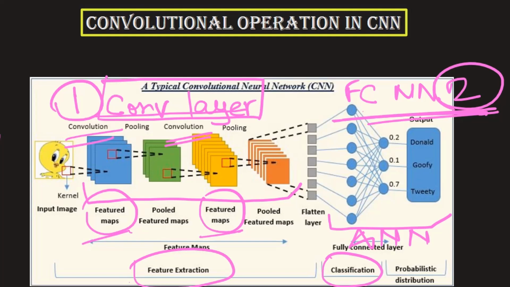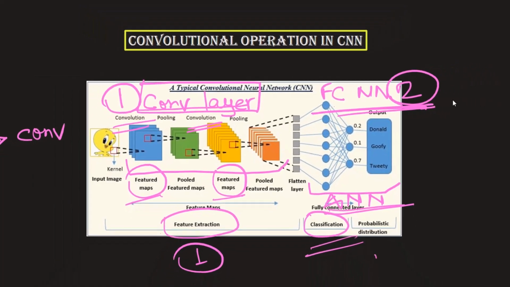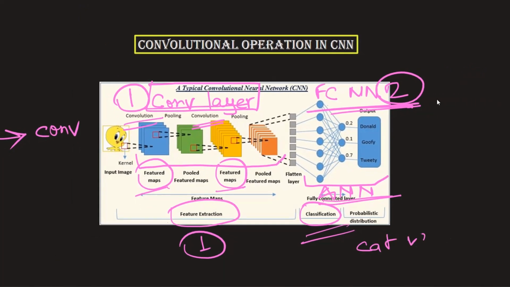So this first part is efficient enough to capture the features of a cat image or dog image. So it understands what are the features of a cat, what are the features of the image of a dog. And finally, in the second part, we use a fully connected neural network or the ANN architecture that will be responsible for doing image classification or object detection. So this part will be able to tell you the difference between a cat and dog.